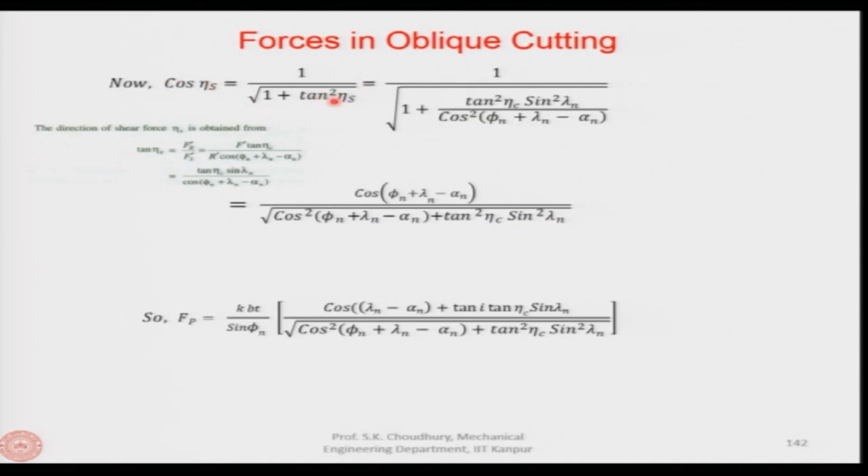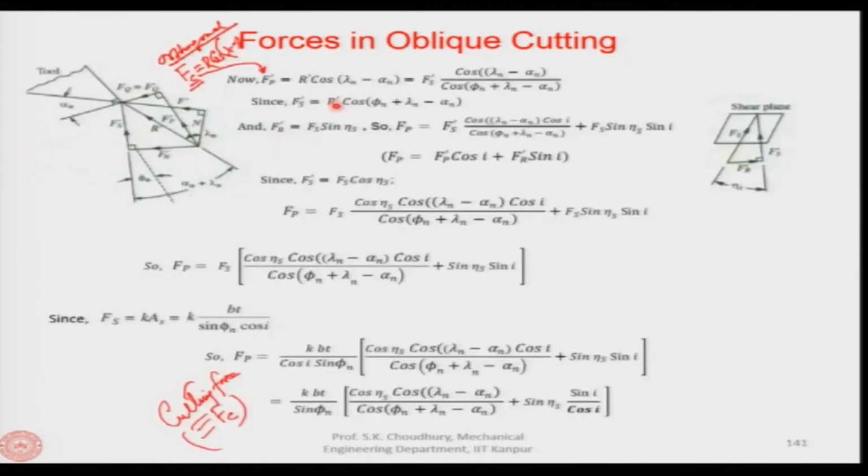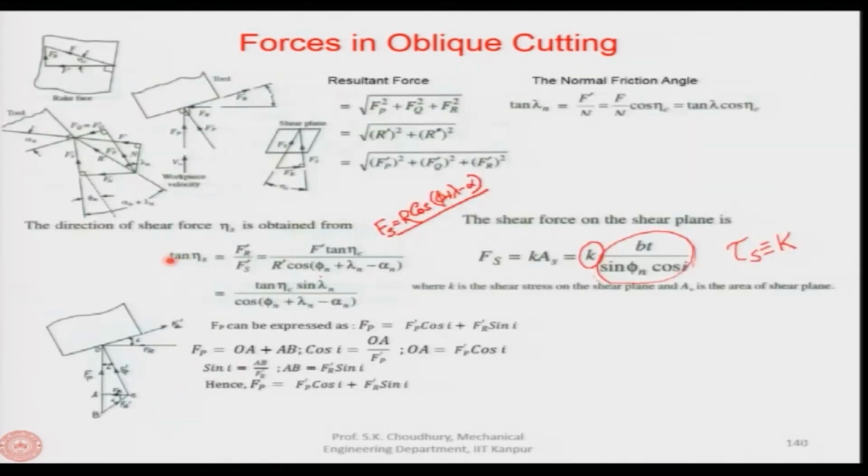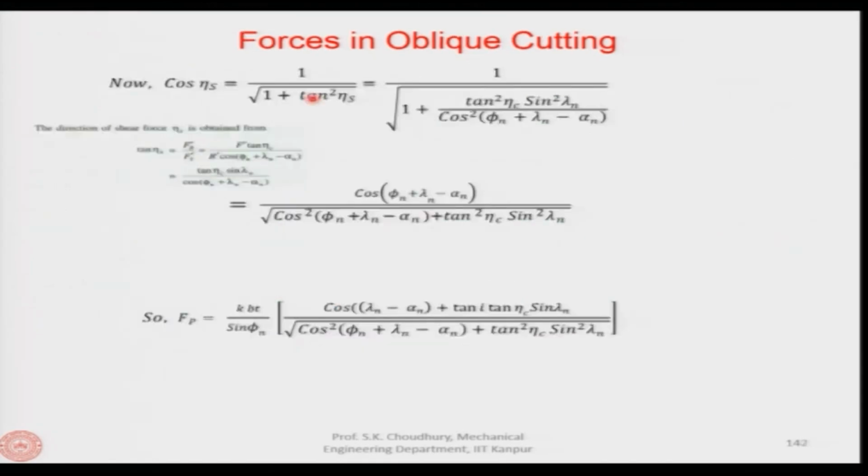Now, the tan nu s, if you remember, we found out earlier: tan nu s equal to tan nu c sin lambda n divided by this expression. So, this expression we put in the place of tan nu s, and we find that this can be simplified in the following way.